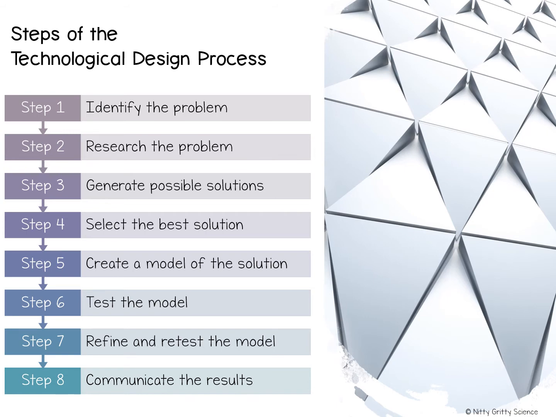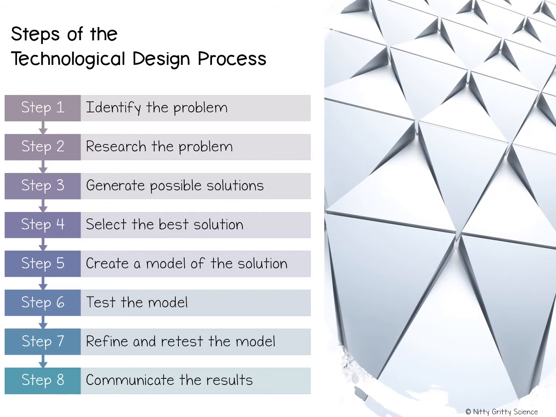When we do this, we then have to go into the testing phase of step 6, and we need to start testing the model to see if we were correct. And maybe once we start testing, we're going to see things need to get refined. We need to kind of go back to the drawing board and maybe fix a few things here and there.